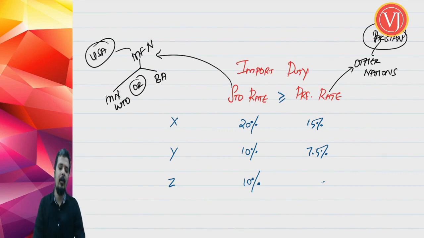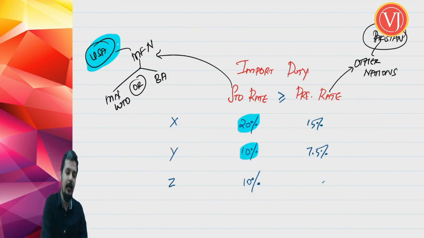So if the import is from a most favored nation, if you are importing item X from USA, the rate will be 20%. Item Y from USA, the rate will be 10%. Item Z from USA, the rate will be 10%. Rather, beg your pardon, we have written it reversely.